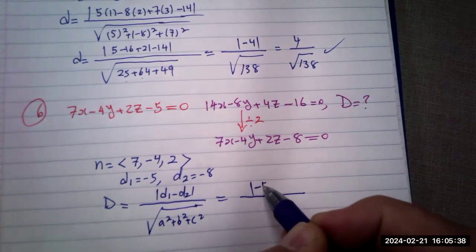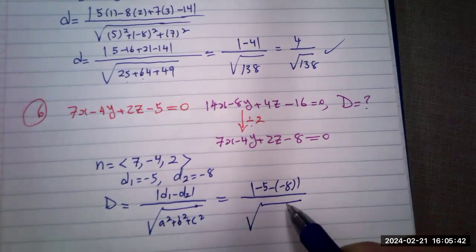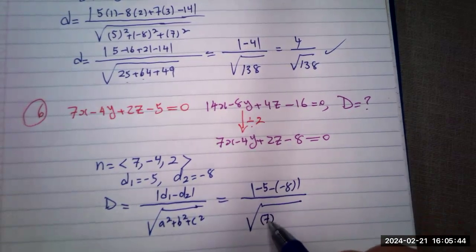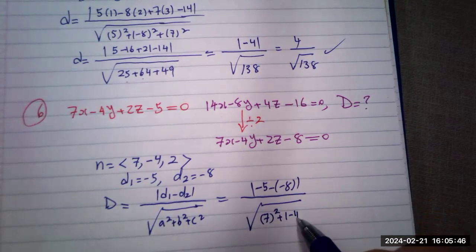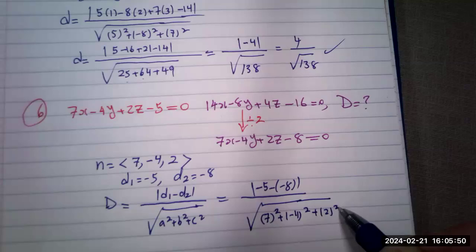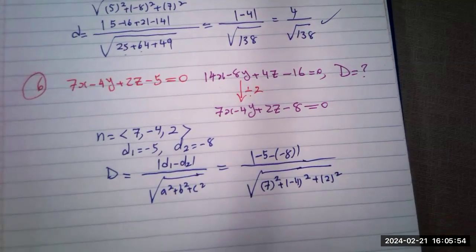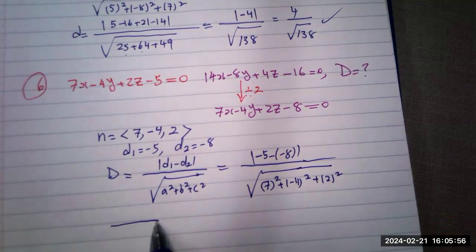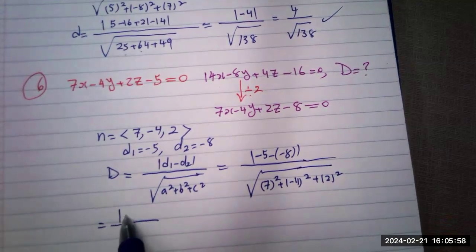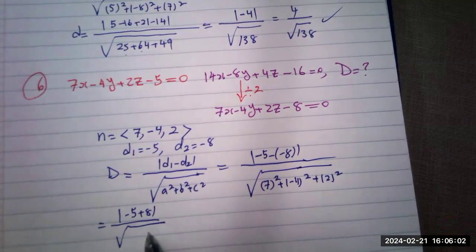So that gives me negative 5 minus negative 8, over the square root of 7 squared, negative 4 squared, and 2 squared. See it, simplify. So on the top, that is equal to negative 5 plus 8. Down the bottom, the square root of 49, 16, and 4.